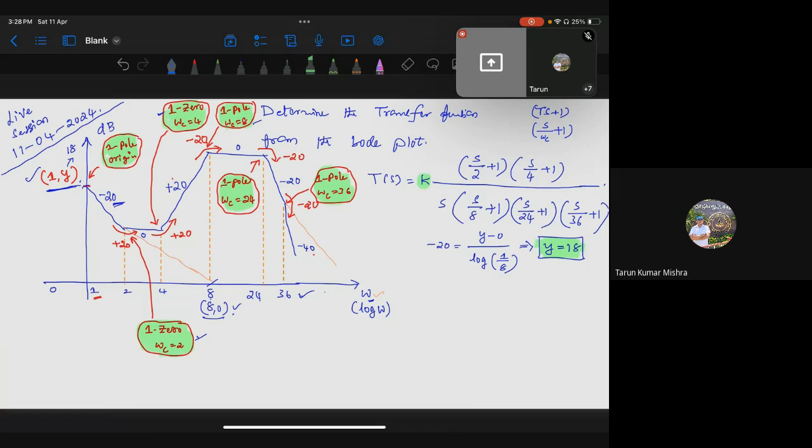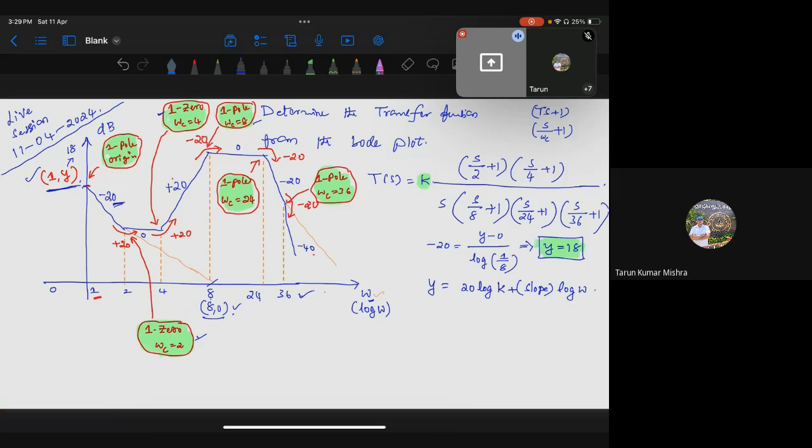For that, we have to find this y. Once we have y, it can be written as 20 log K plus slope times log omega.